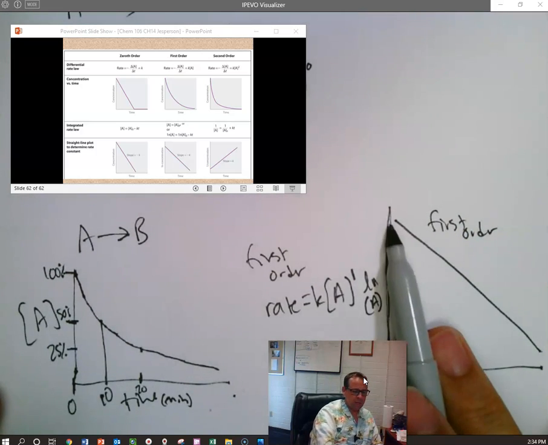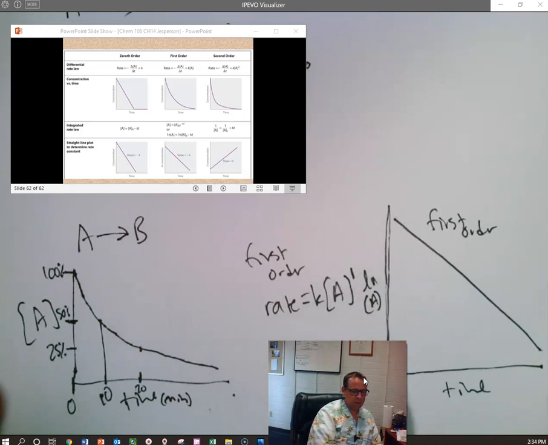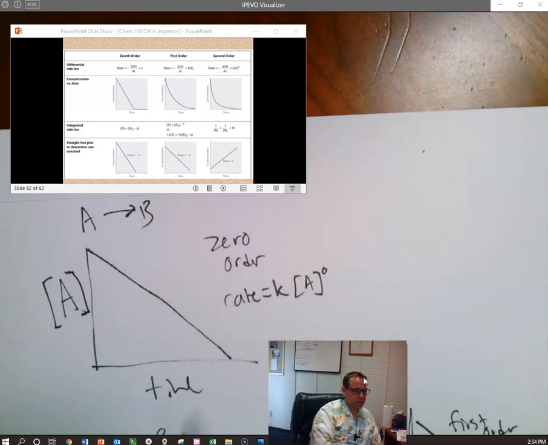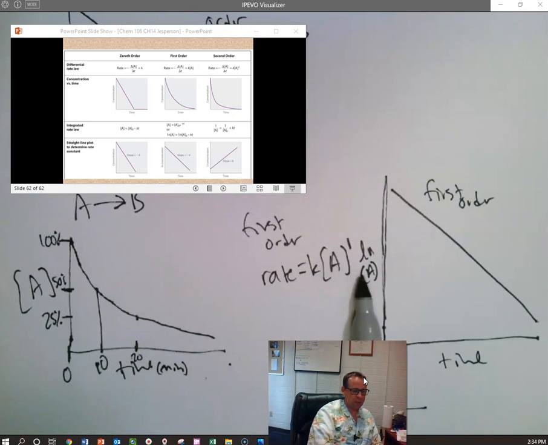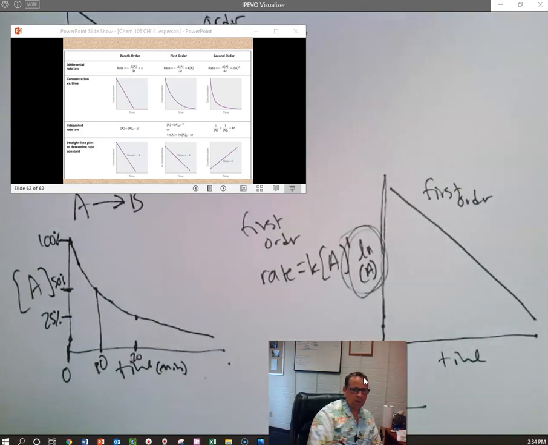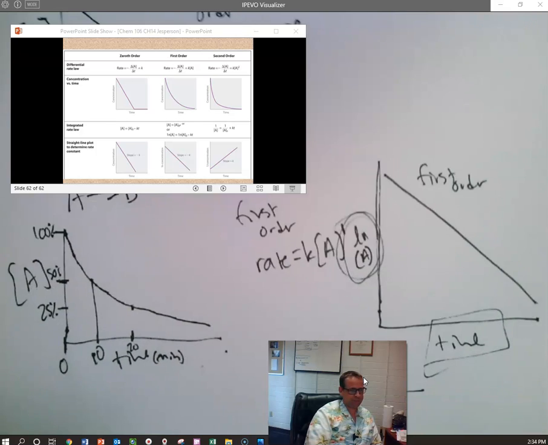But in a first order reaction, you will have a linear relationship if you take the concentration of A and take the natural log of it and plot that versus time. All right? For a zero order reaction, all you have to do is plot the concentration of A and you'll get a linear relationship. But for a first order reaction, you need to plot the natural log of the concentration of A versus time to get a linear relationship.